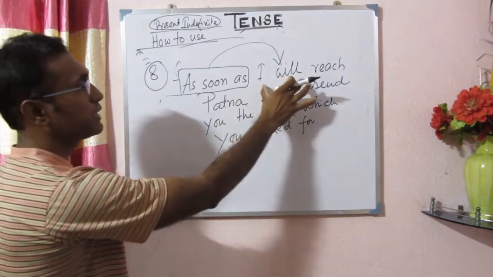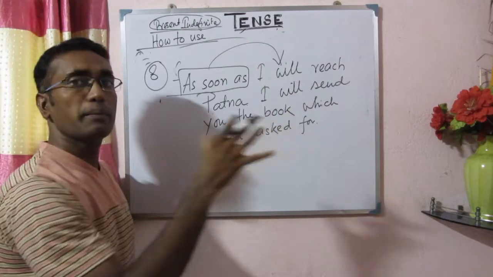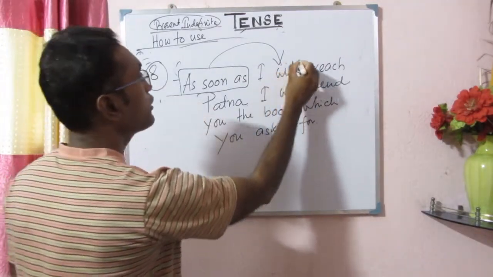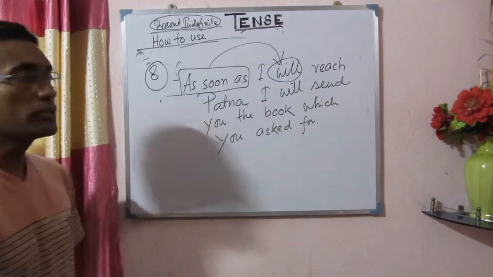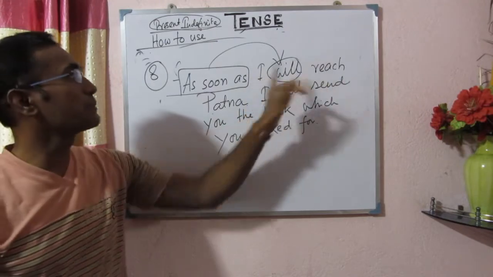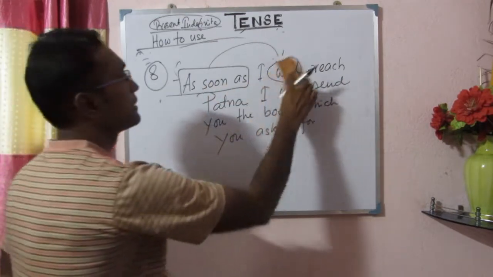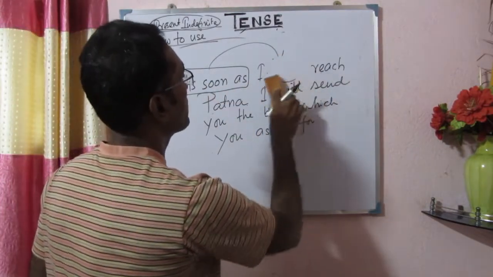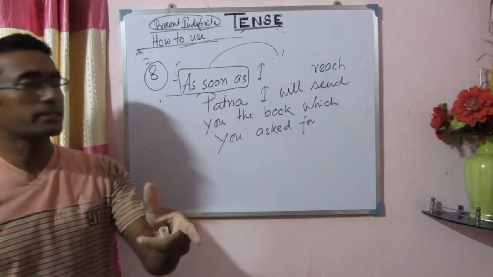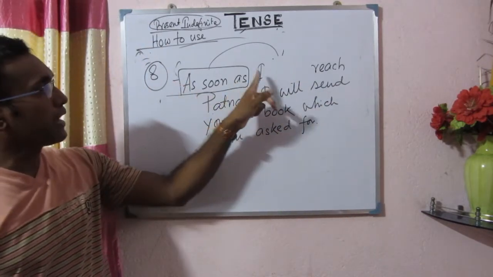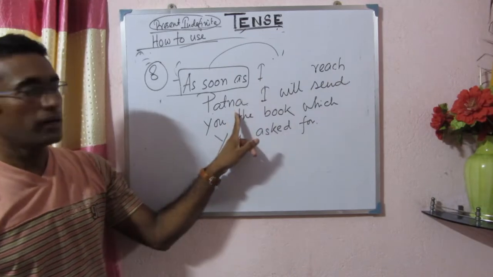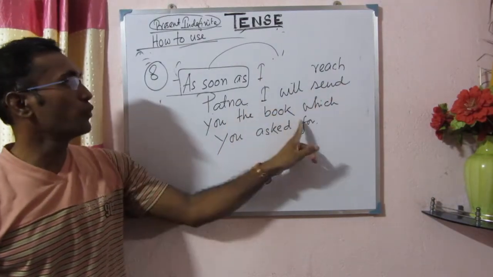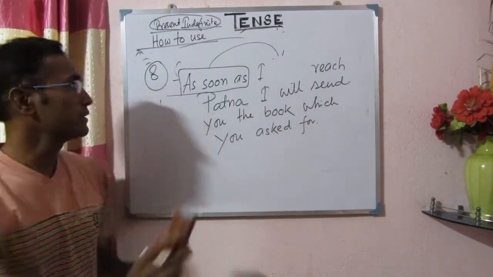But here I am using will, which is your future indefinite tense. So instead of using will, you have to say I reach Patna. So will you have to omit here. So the sentence is: As soon as I reach Patna, I will send you the book which you asked for. Understand? Okay.